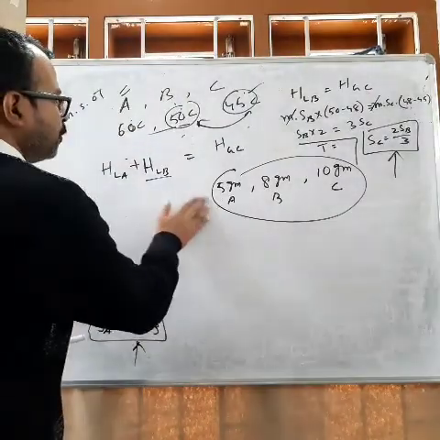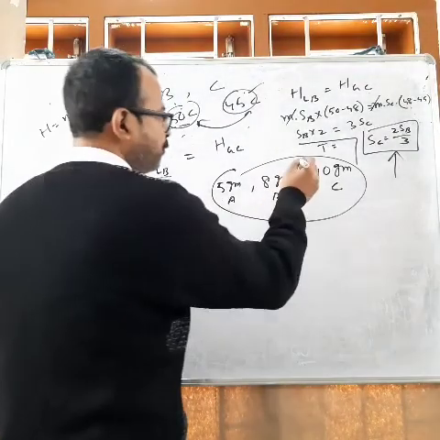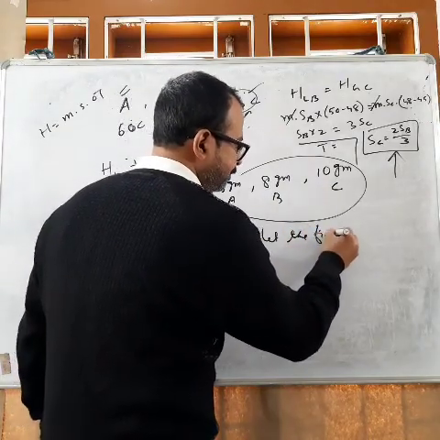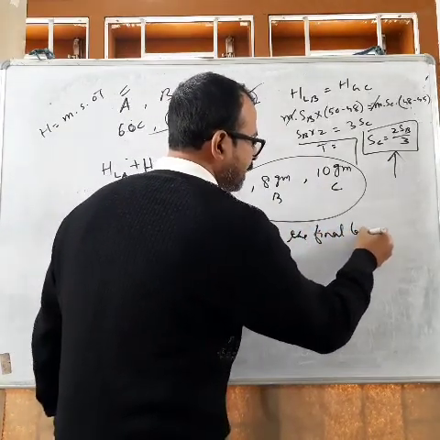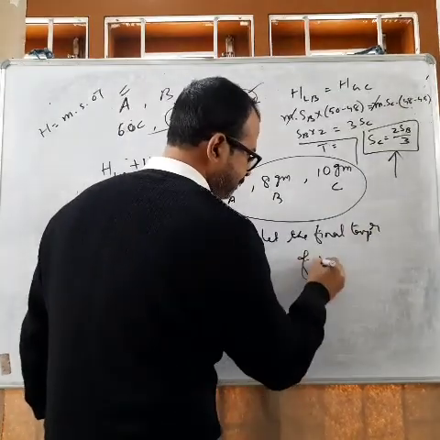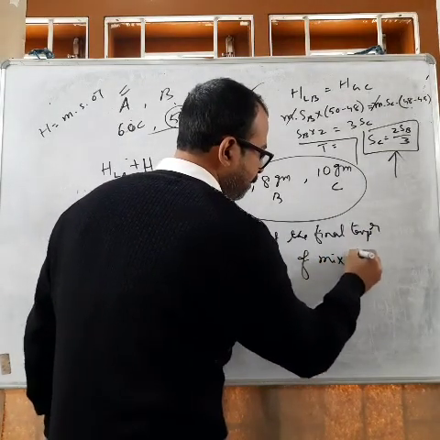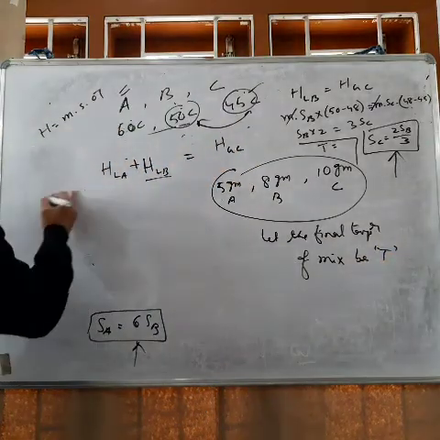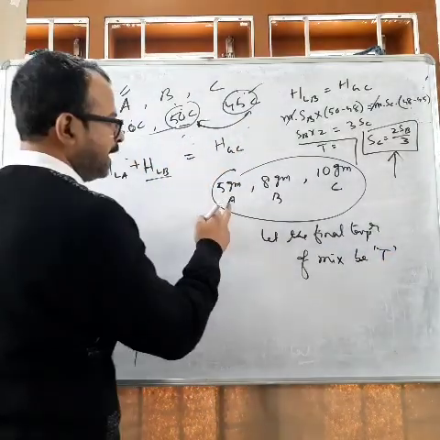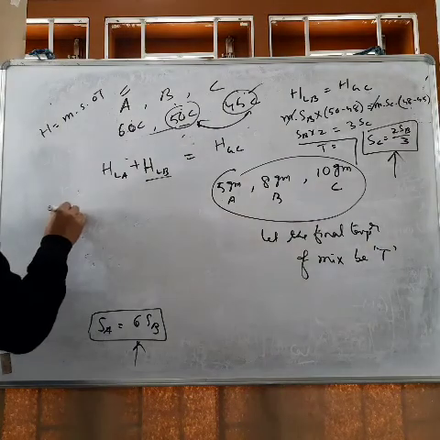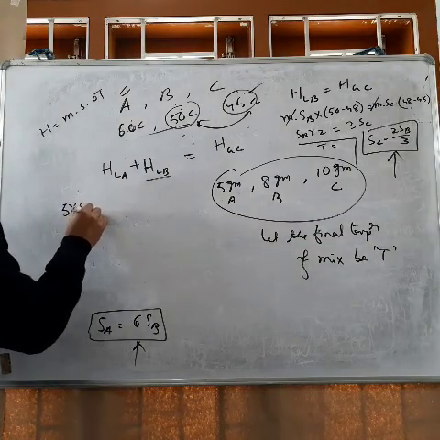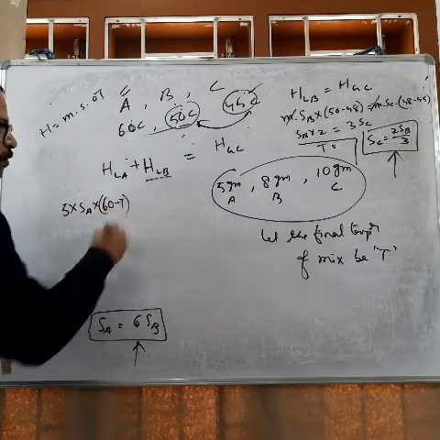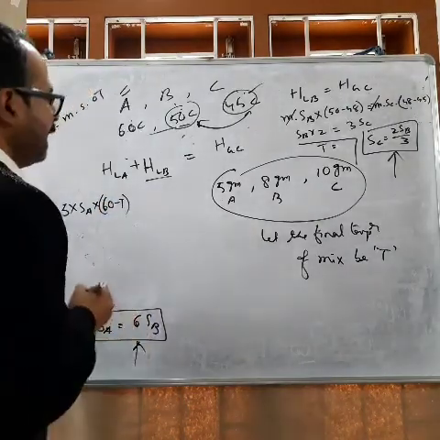Before that, assume the final temperature of the mixture be T. So I am writing heat loss by A: 5 gram of A, 5 into SA into, it is cooling from 60 to T. T is not known, to be measured. Heat loss by B.